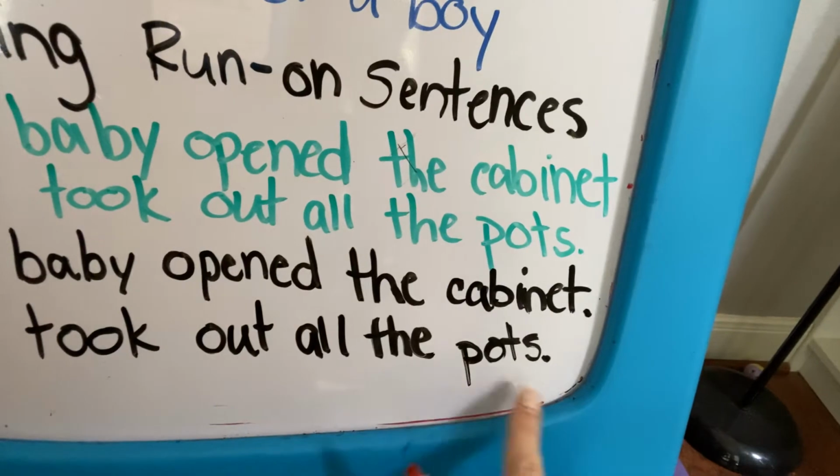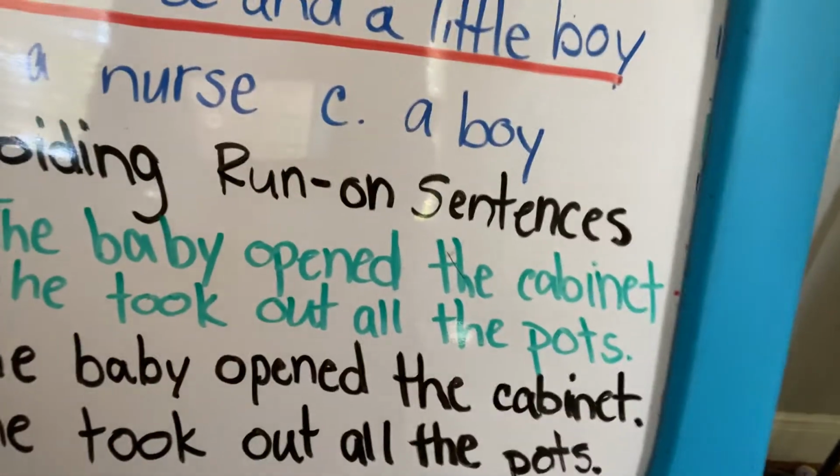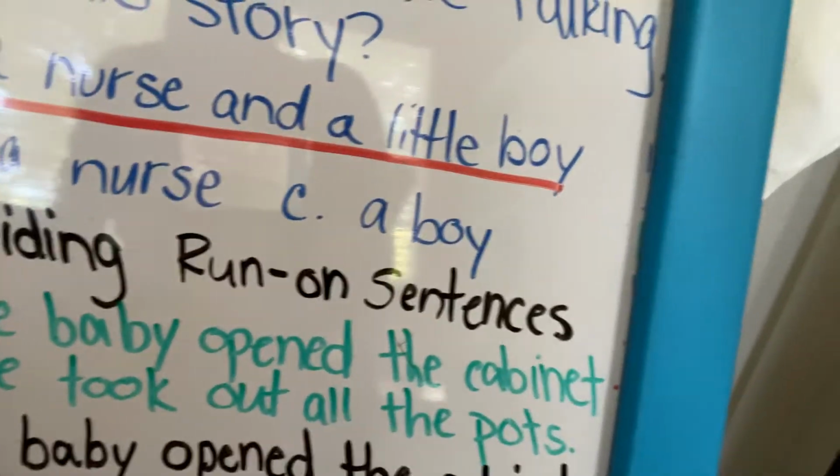She took out all the pots, period. So those are my 2 shorter sentences. So what you guys are going to do for the back part is you're going to read each run-on sentence, okay? And then on the lines, you're going to write 2 shorter sentences to make the meaning clear. That means to make you understand it a little bit better, okay?